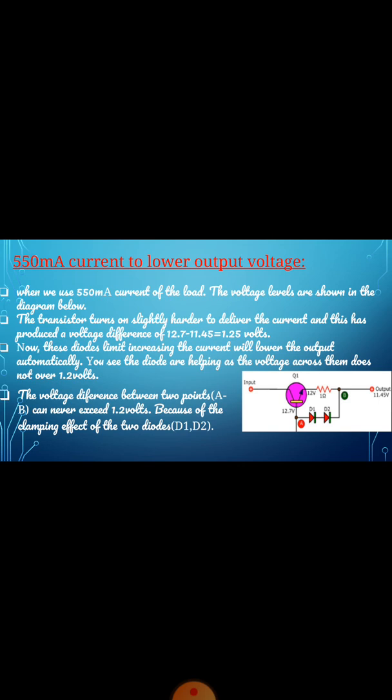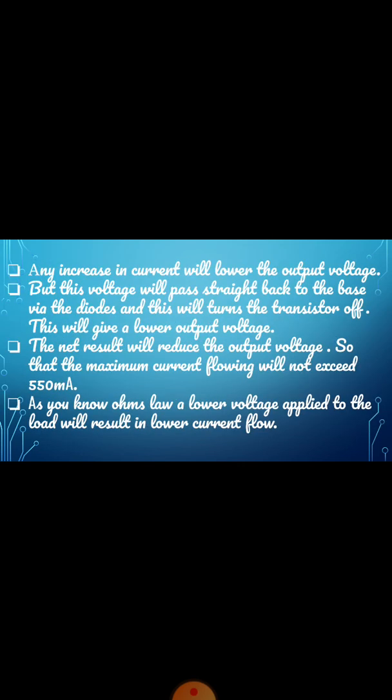Now the diodes limit the increase; more current will lower the output automatically. You see that the diodes are helping as the voltage across them does not go over 1.2 volts. The voltage difference between point A minus B can never exceed 1.2 volts because of the clamping effect of two diodes D1 and D2.